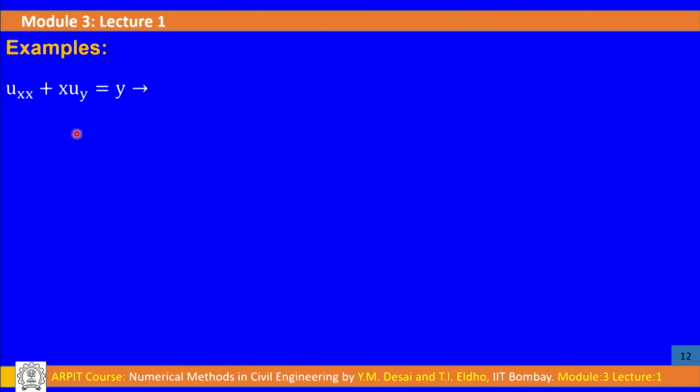Then we look at whether it is linear, non-linear or quasi-linear. In this case it is linear, and why do I say it is linear? Because the coefficients of the derivatives are independent parameters, and we also have a term in the independent parameter space.